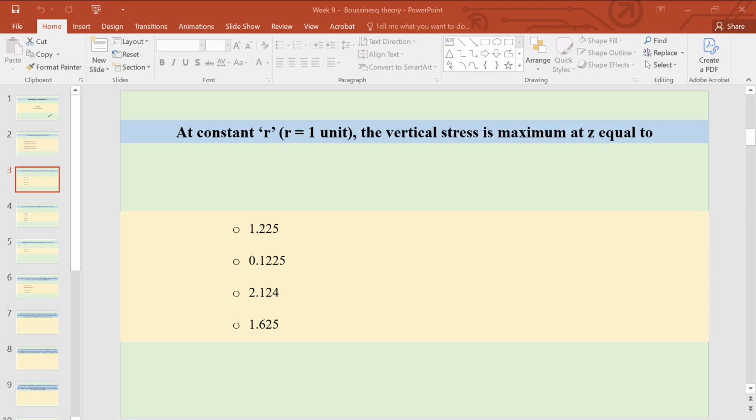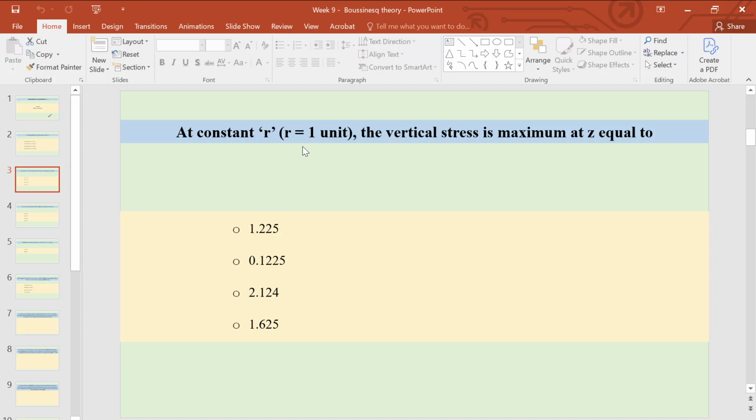At constant r, r is the radial distance, and the constant value of r is 1 unit. At constant r, that is r equals 1 unit, the vertical stress is maximum at z equal to, z is the depth, in meters.